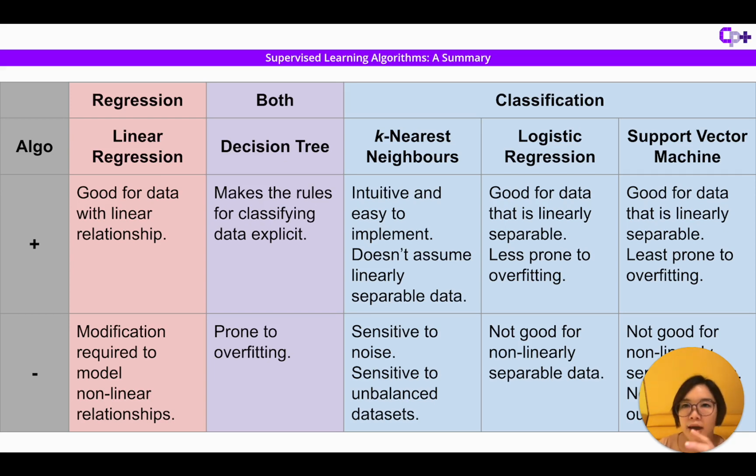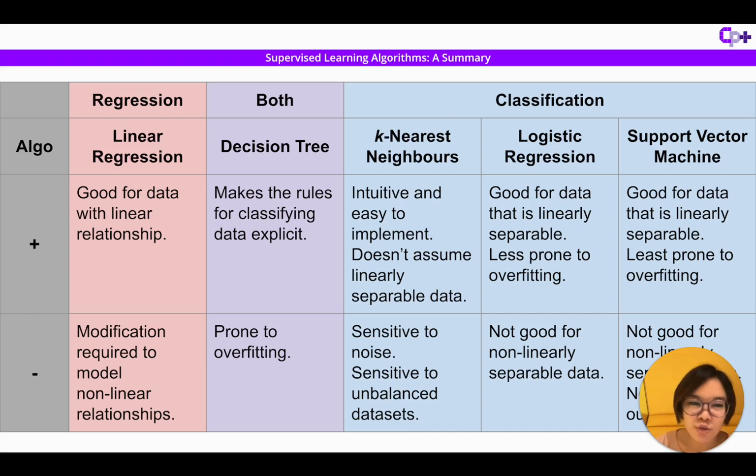Then I will not be able to reliably classify my question mark, right? It's also sensitive to unbalanced data sets. What if I have a lot more class A than class B? Then proportionately, it's very hard to get a majority of class B, because there are so many class A's. So that is the downside of k-nearest neighbors.